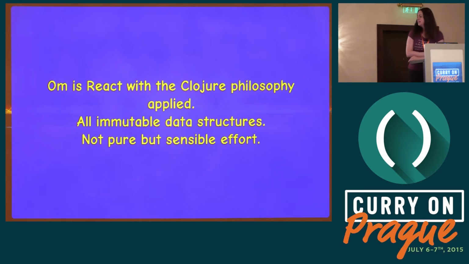I meant to say a bit more about Om and ClojureScript actually before I move on to the next thing. It has some interesting features. I don't think I'm going to have time to talk about them, so I took the slides out. But it does things like cursors, which help compose subcomponents. Cursors are sort of like lenses, not entirely.